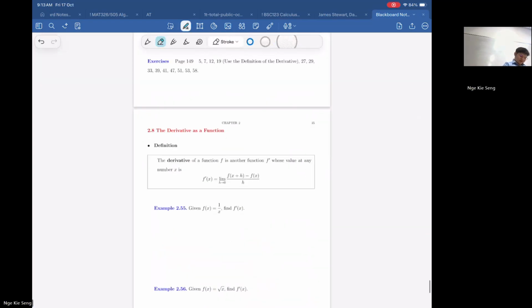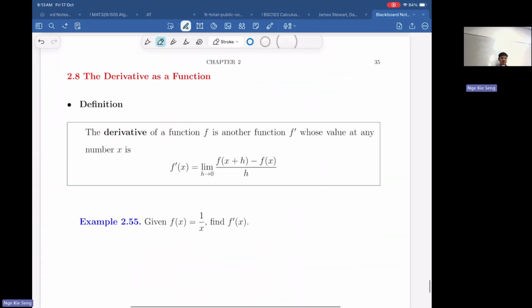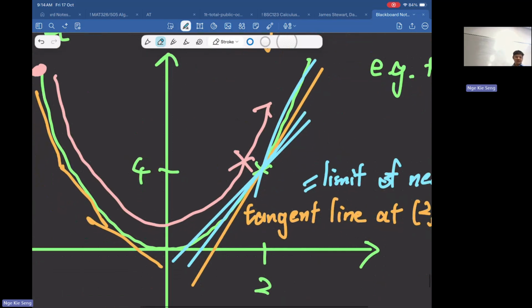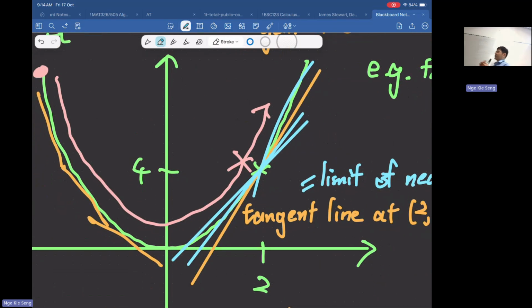So let's go to this derivative here. If you look at this f(x) equals x squared, you can see that at every point of x, we can get this tangent line. Once we get this tangent line, we also get the gradient, the derivative. So every point will admit a derivative.